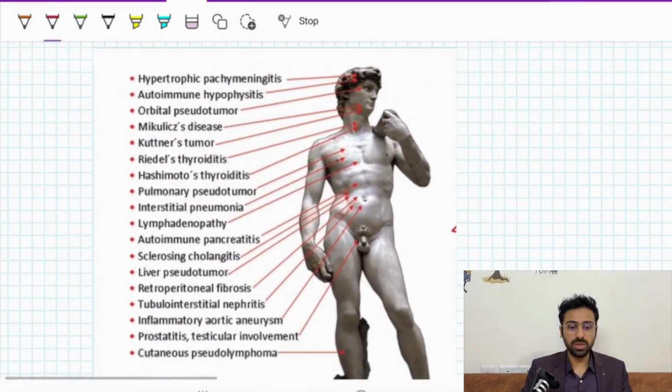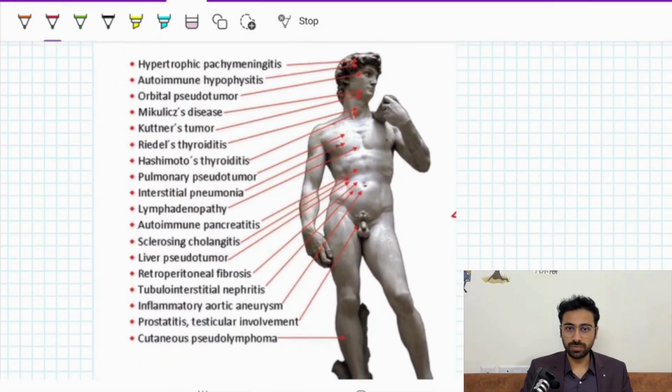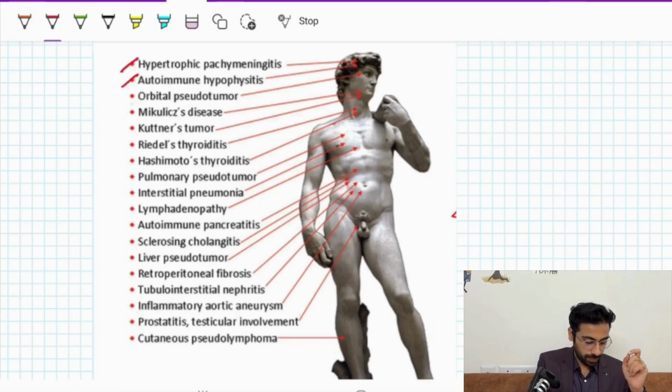This is a beautiful diagram that is given in one of the RSNA articles. So we shall be discussing the head to toe manifestations of IgG4 related disease. In the central nervous system, it causes hypertrophic pachymeningitis and hypophysitis. In the orbit, it causes orbital pseudotumor.